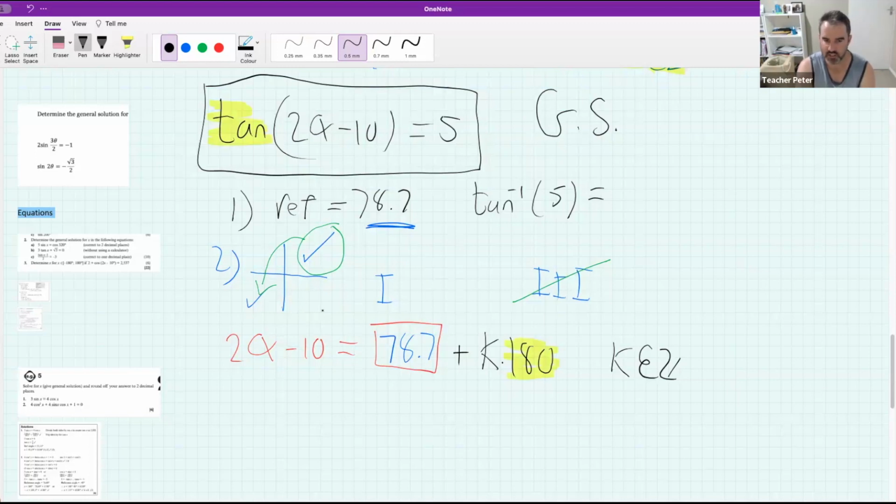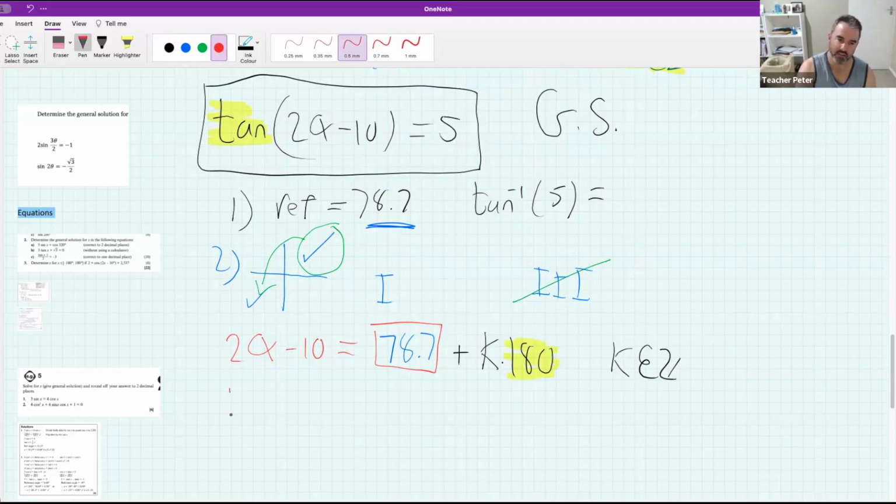Who has an idea? What do I deal with first? Do I deal with the minus 10 or do I deal with the 2? If I use my equation logic, what do I have to deal with first? It's the 10. Yep. Whenever you want to isolate alpha, you're going to move the 10 away.